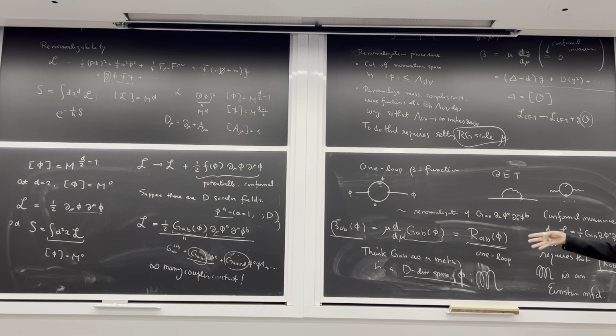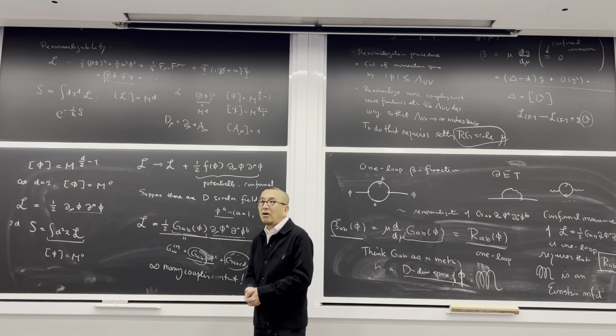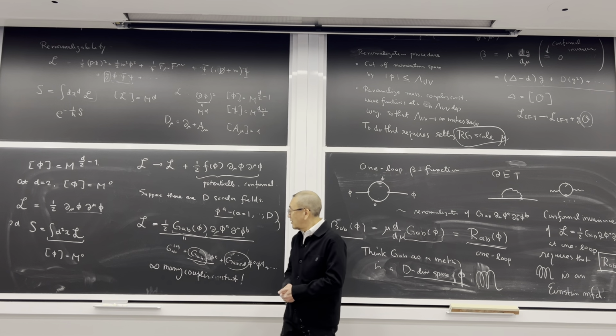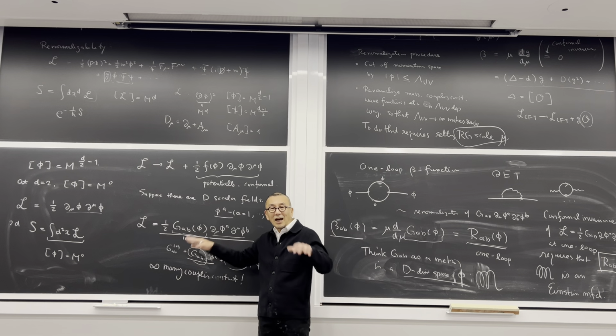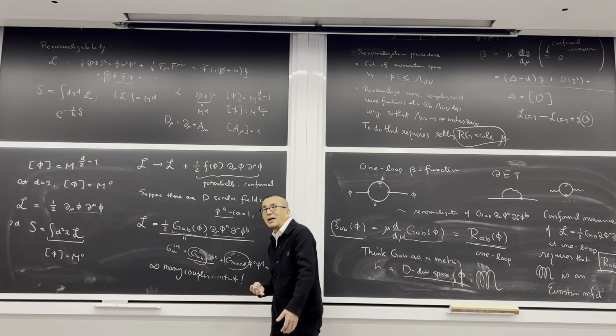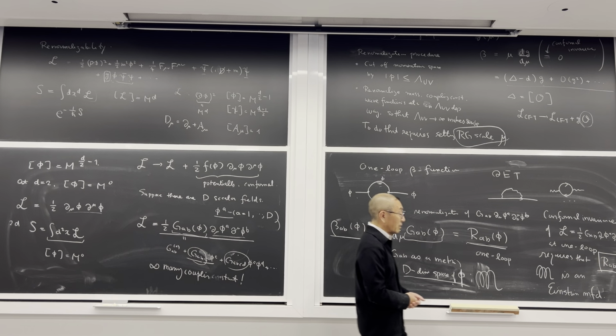We are not turning on other backgrounds, not a scalar field or Maxwell field. So it's natural that you are just getting the vacuum Einstein equation, because there are no other excitations around. It's natural to expect that if you turn on other matter fields as a background, the equation is modified to include the energy momentum tensor for the other fields. And indeed, it is the case.